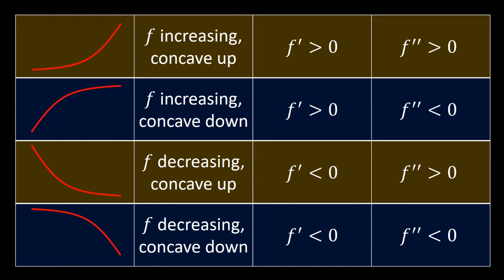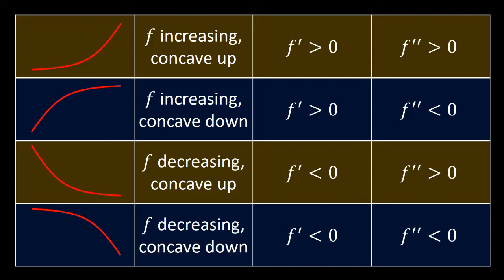Now let's use f prime and f double prime to study the shape of the graph of a function f. We want to look at intervals where f prime is positive or negative, intervals where f double prime is positive or negative, and then there are going to be four combinations of sign for f prime and f double prime.